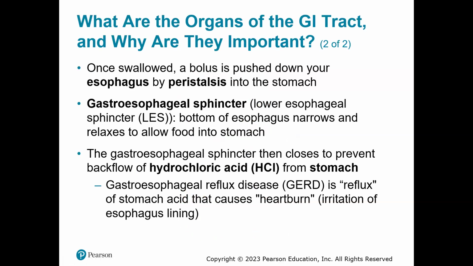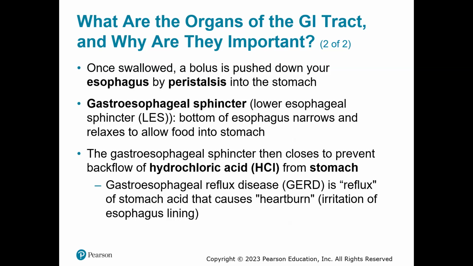All right, our stomach has two sphincters. At the end of the esophagus where it enters the stomach, we have the gastroesophageal sphincter, or the lower esophageal sphincter. As we swallow, it should relax and allow the food to enter our stomach. It should then contract after the food has passed through, to prevent the stomach contents from splashing back up into the esophagus.